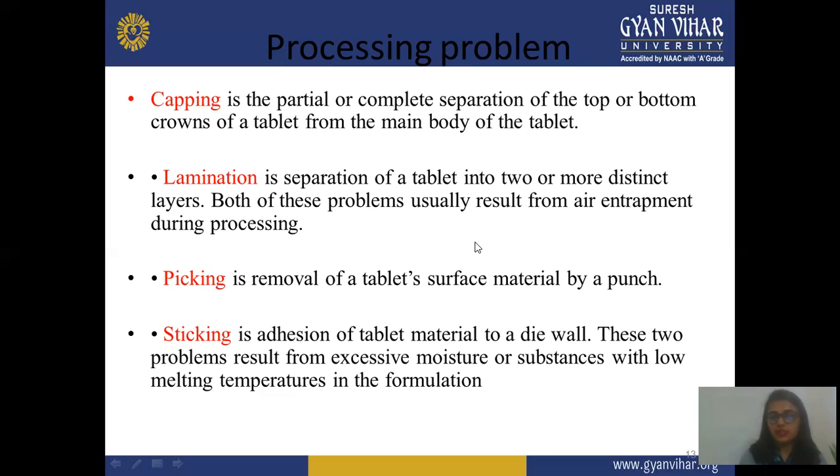Capping is a partial or complete removal of the top or bottom part of the tablet. Next is lamination. Lamination is separation of the tablet into two or more distinct layers. The tablet gets converted into two or more layers, with 3-4 layers, and this is mainly due to air entrapment, because the tablet contains certain air.